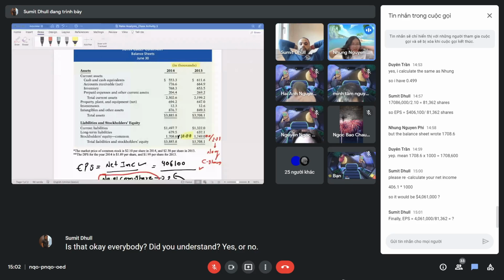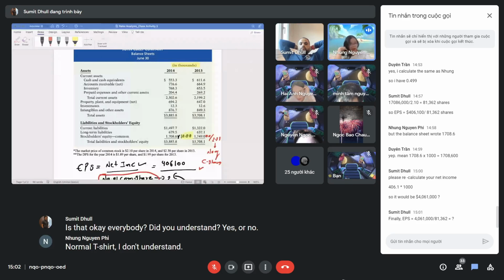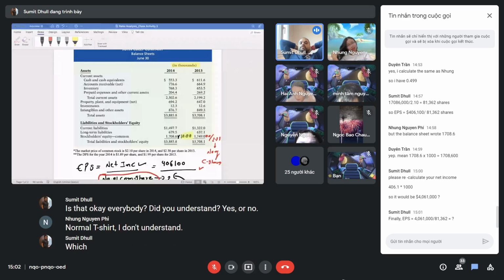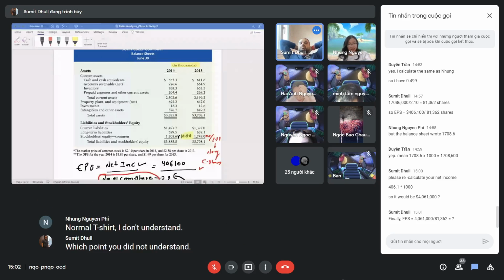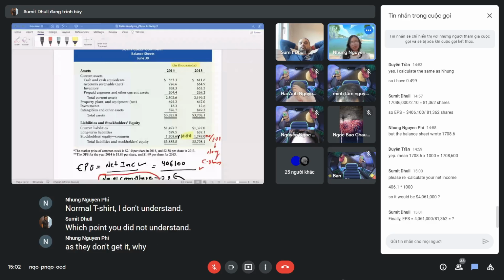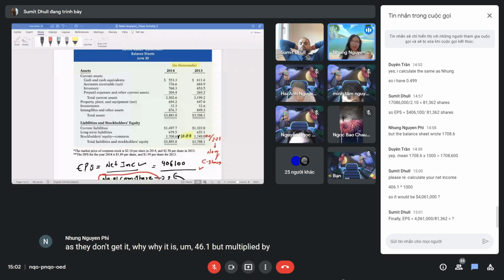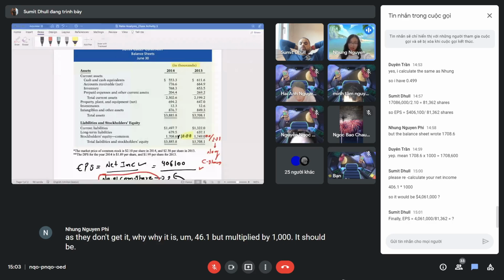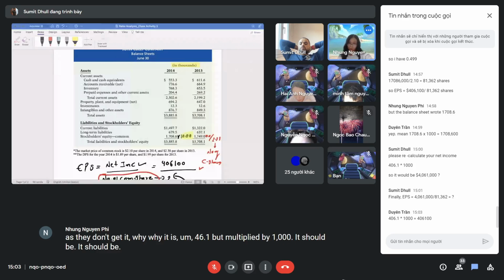No, teacher, I don't understand. Which point did you not understand? I still don't get why it is 406.1 but multiplied by 1,000. It should be 406,100.